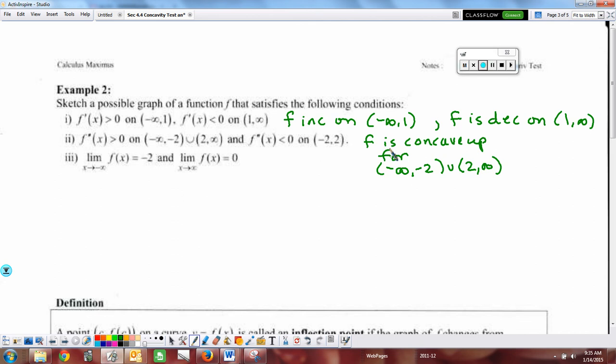Now I can also infer something else from this, because from the second part, the second derivative being negative tells me that f is concave down, and that's for negative 2 to 2.